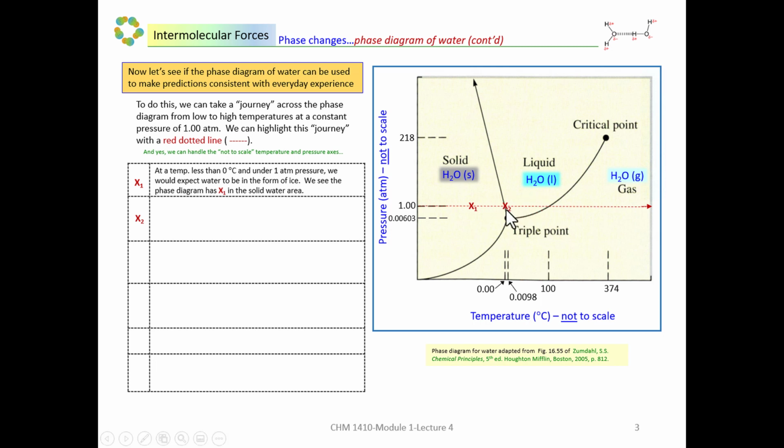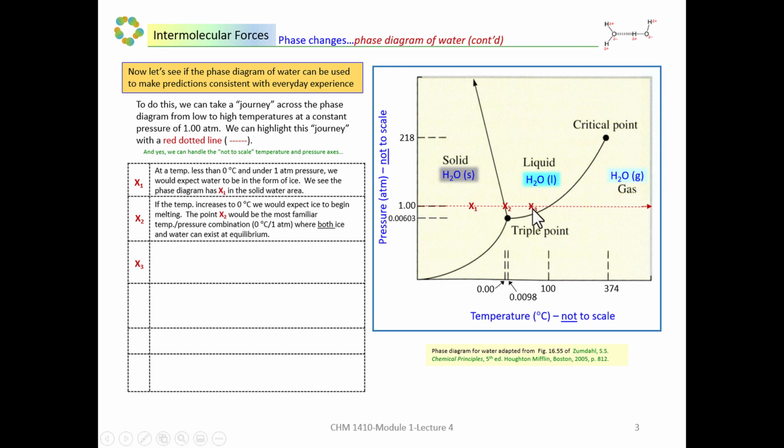Well, at point x2, we're right on the solid liquid line, so we've increased the temperature to 0 degrees C. What's going to happen there? Well, remember, that's the pressure temperature combination where solid and liquid water could exist in equilibrium, but just as importantly, if we're increasing the temperature from left to right, it's where the solid will melt to a liquid. So that would be our normal melting point, 0 degrees C.